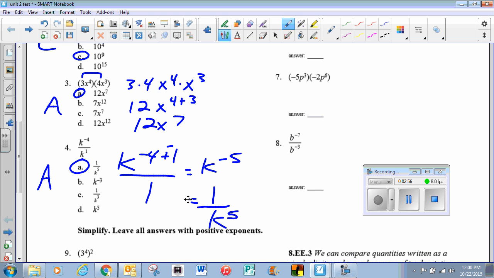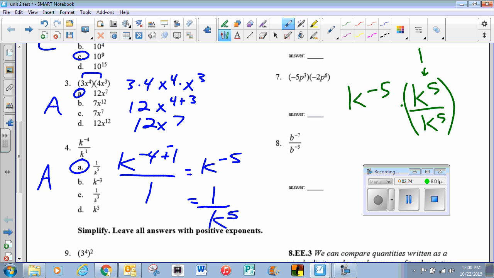Let me show you why, Nathan. Let's take a look at k to the negative 5th. If I multiply, can I multiply anything in math by 1? Yep, I can always multiply by 1, right? So, am I multiplying this by 1? Is anything divided by itself 1? So this is just another way of writing 1, right? Okay?